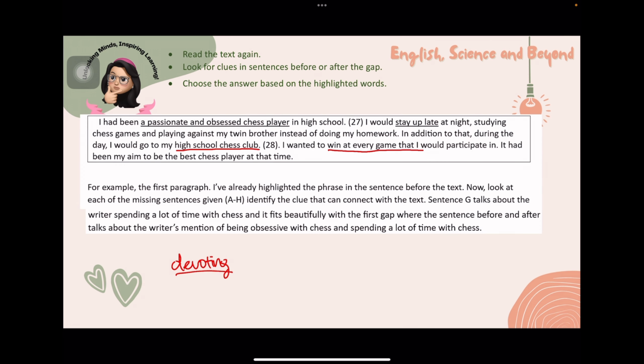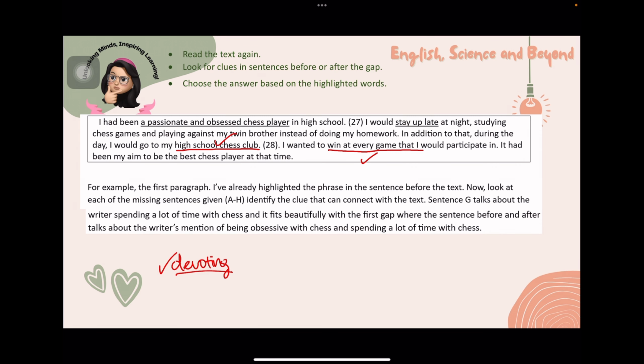These two signify that chess is an integral part of their life, because this person devotes himself or herself to chess by joining the high school chess club, and on top of that, it would mean a lot to them if they were able to win at every game.